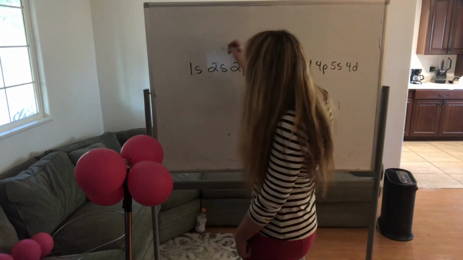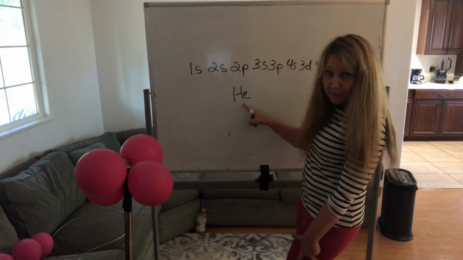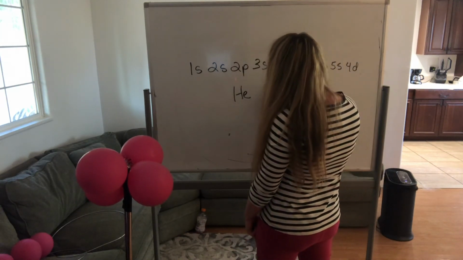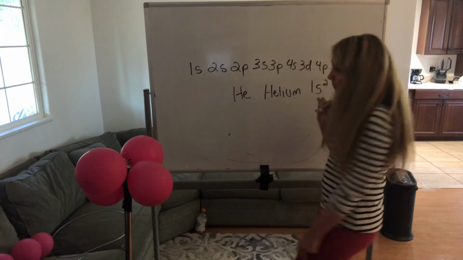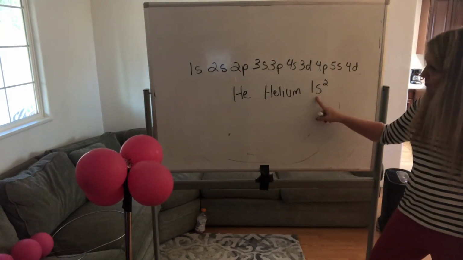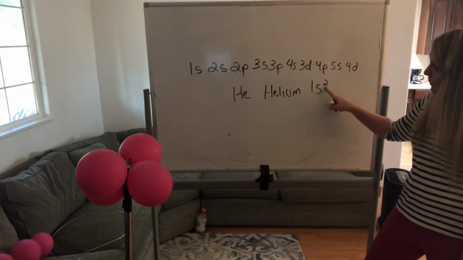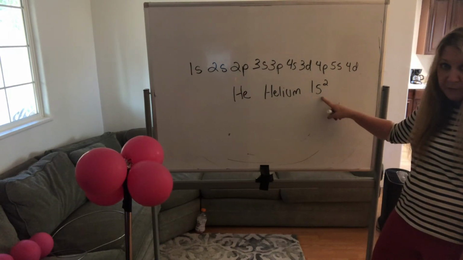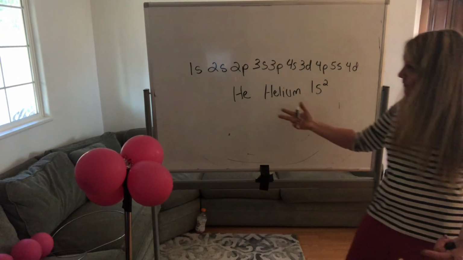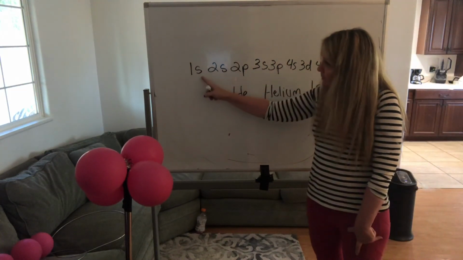So, for helium, I would write helium, chemical symbol He, 1s2. This is the electron configuration for helium. 2 electrons. They're both in first energy level, S sublevel. That's a simple example, but this is the order in which you fill up the electrons.